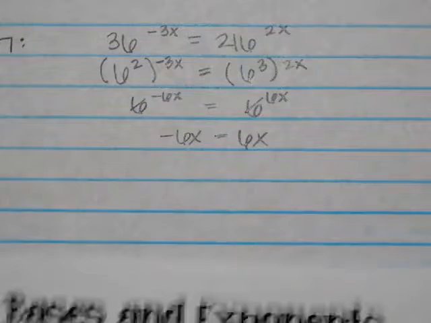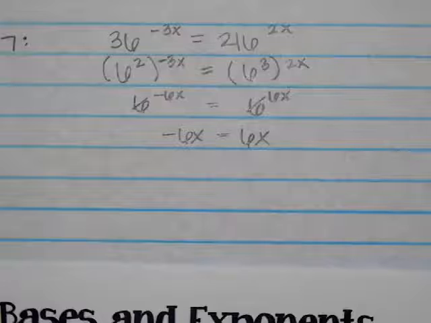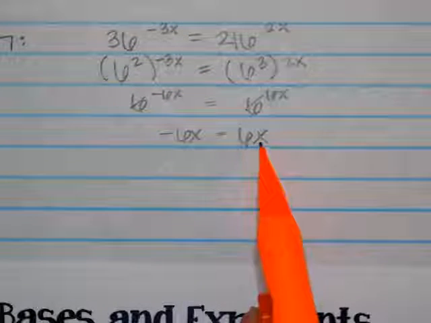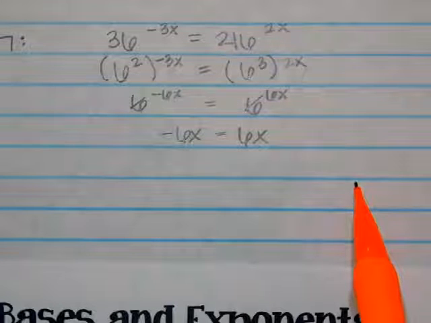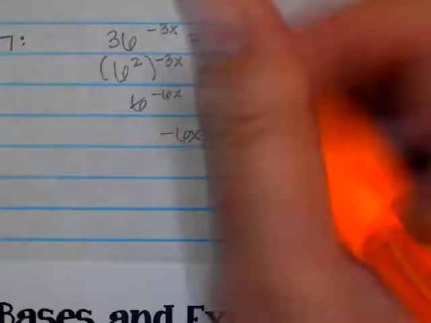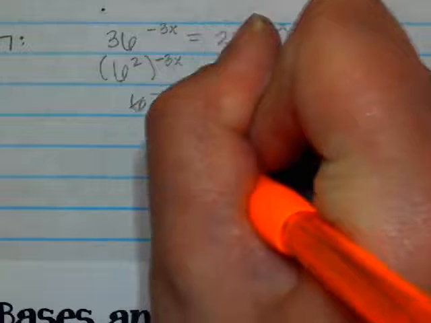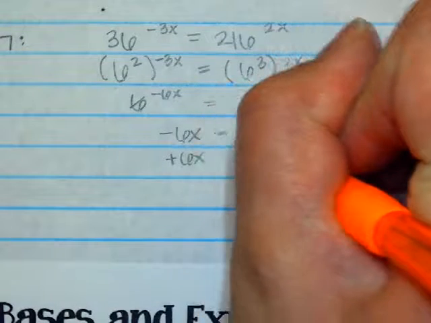And then whenever we have a variable on both sides of the equation, what's our goal? Yeah, just get the variable to one side. We don't want to have the variable on both sides. Okay, so would you rather take the positive 6x and move it to the left side, or take the negative 6x and move it to the right side? Okay, so I'm going to add positive 6x, I'm going to add positive 6x.